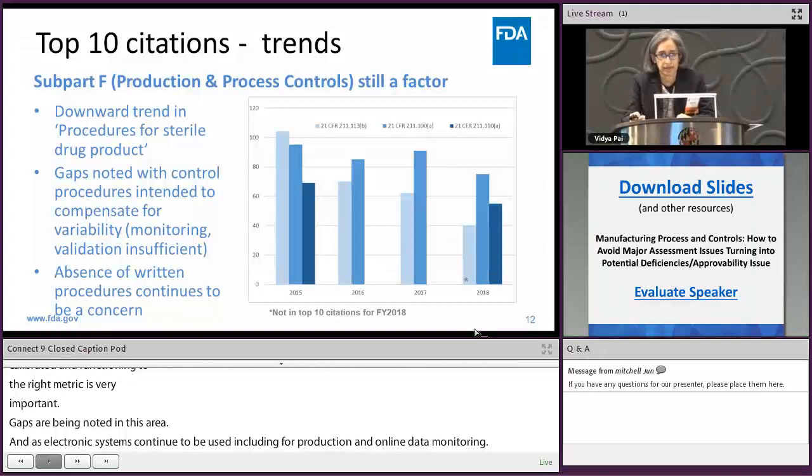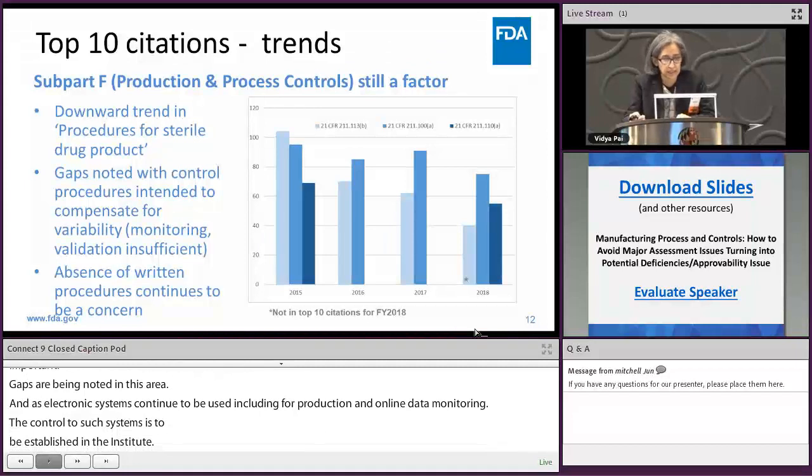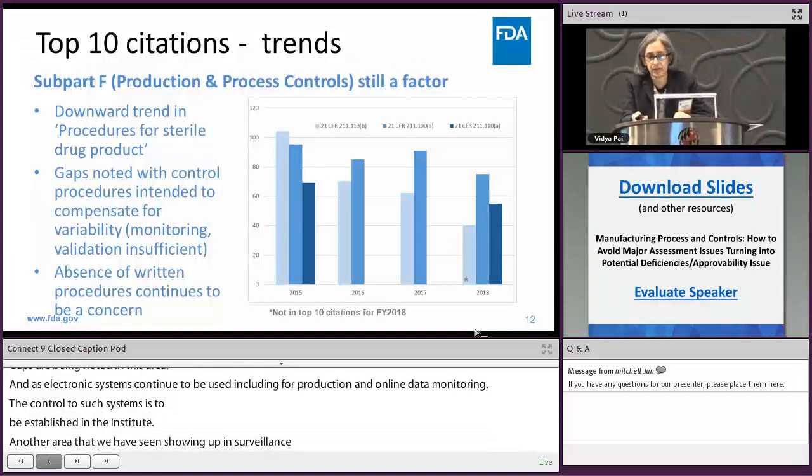Another area that we've seen showing up in citations from surveillance inspections at a routine frequency seems to be around subpart F, production and process controls. There is a slight downward trend for procedures for sterile drug product that we noted.